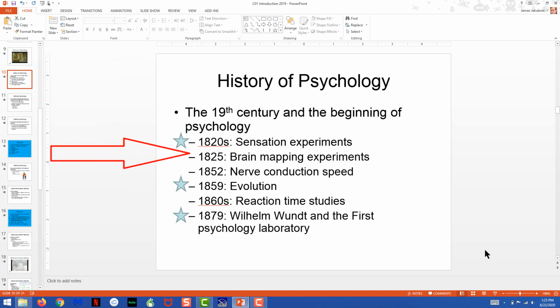In 1825, based upon the rudimentary control of electricity, small electrodes were able to be developed in the laboratory, and primarily in France, work on brain mapping was being done with dogs.